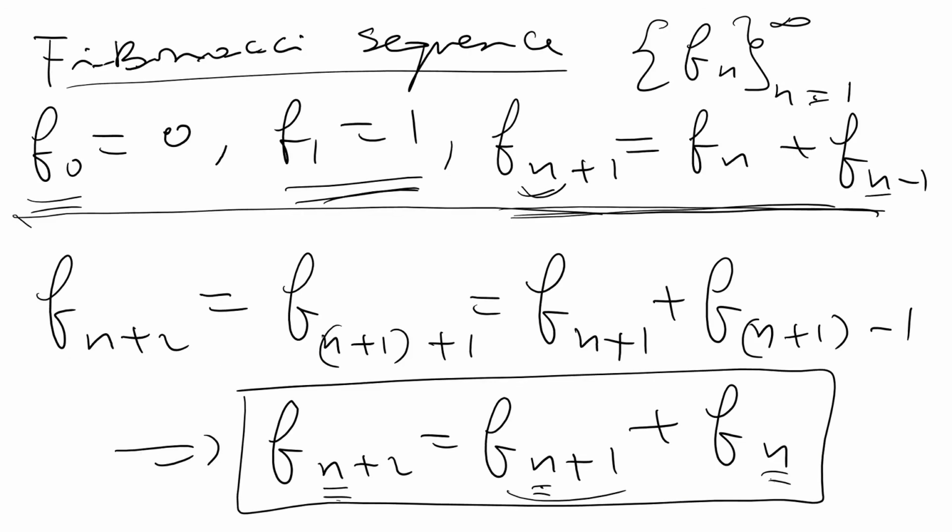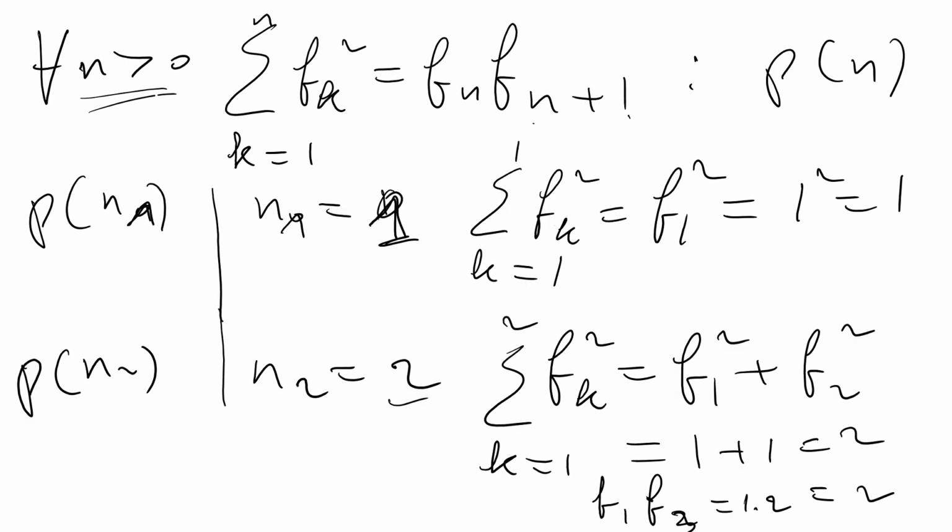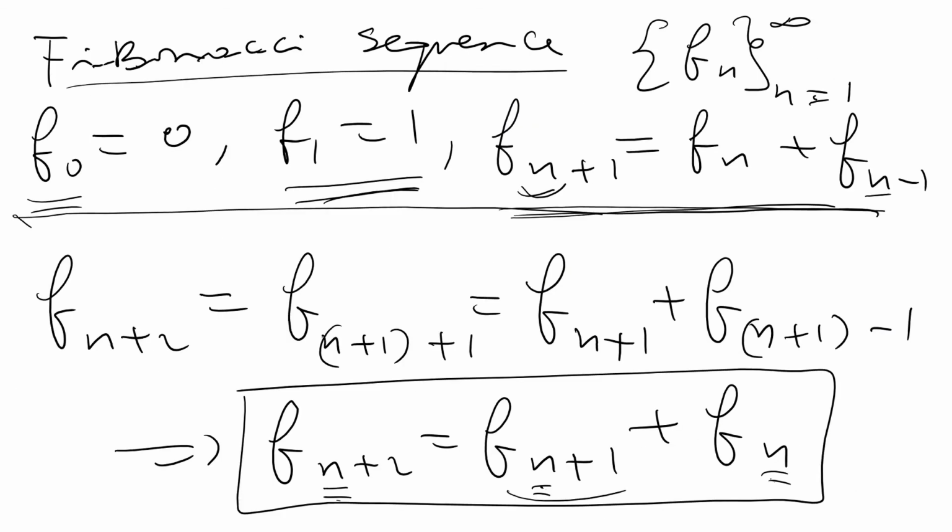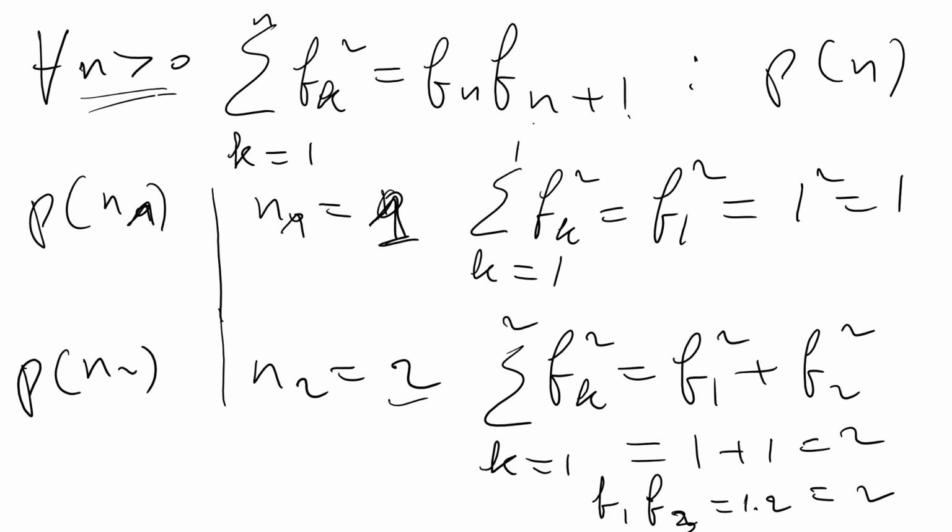If you go back here, f3 is going to be f2 plus f1, so f2 is going to be 1, and then f1 is 1, so you're going to get f3 is going to be 1 plus 1, is 2, then it gives you this 2, right? So that's how you proceed. So basically we check for these base cases and that indeed works, right?